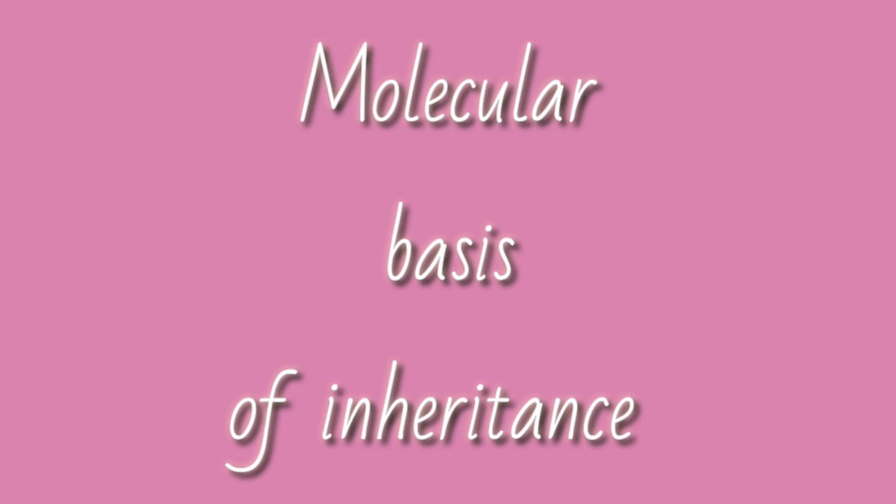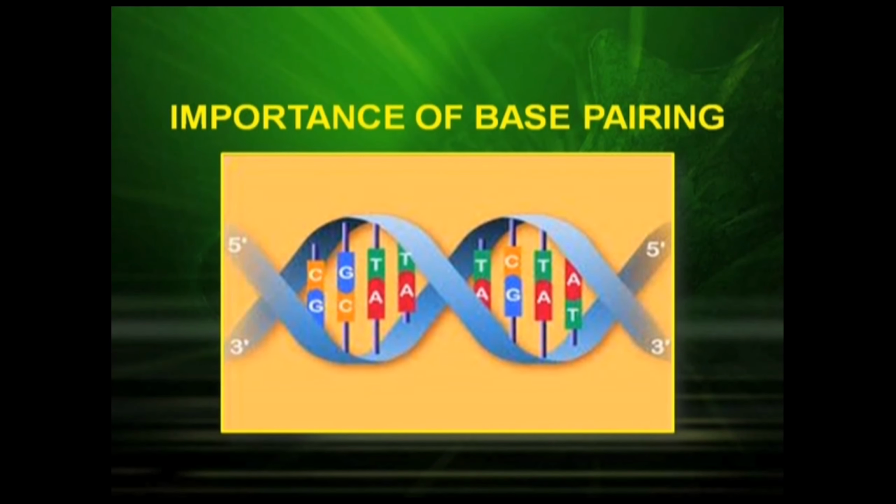That means you can predict the bases of the other strand if you know the nitrogenous bases in the previous strand. As we know, C always pairs with G and A always pairs with T. So if one strand contains A, G, C, then because of the base pairing, we will be able to predict the nitrogenous bases of the other strand.